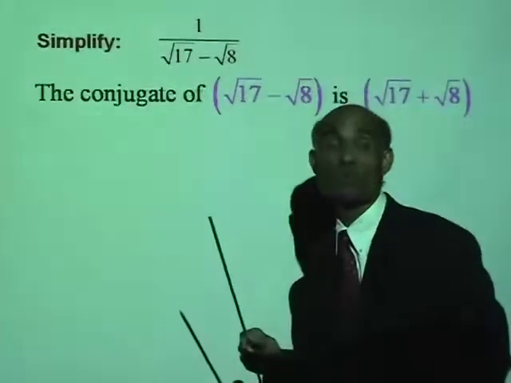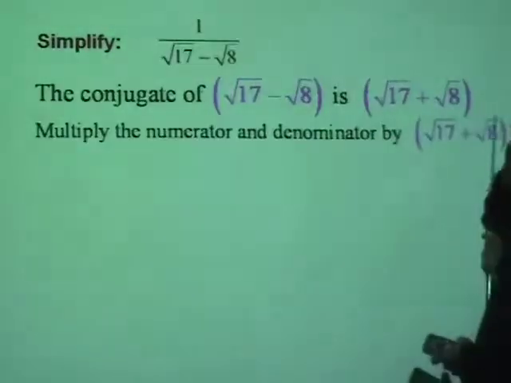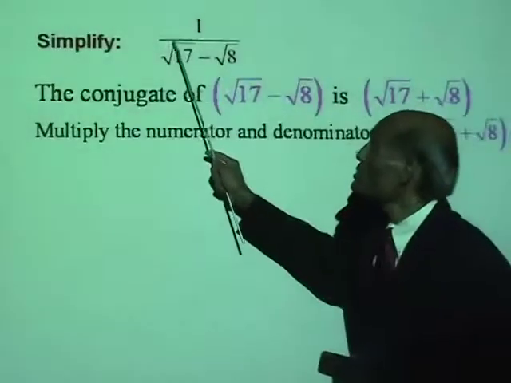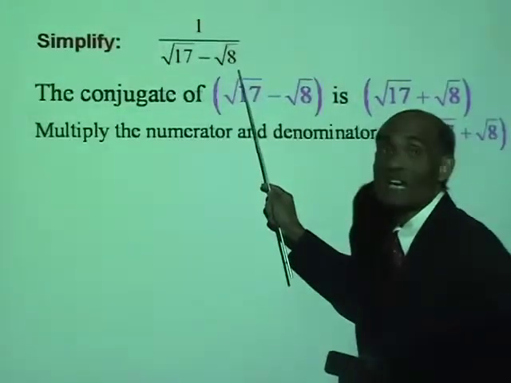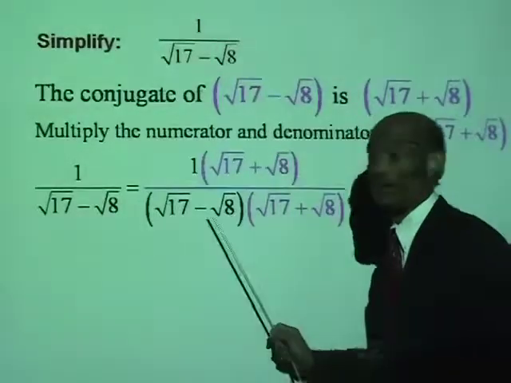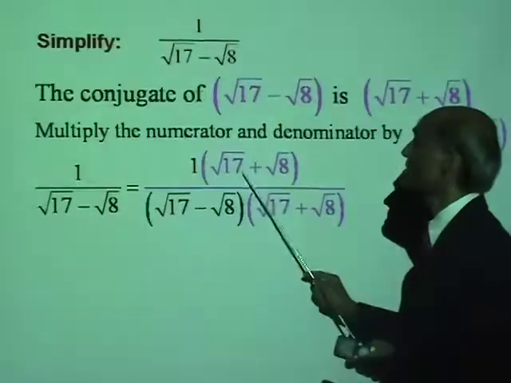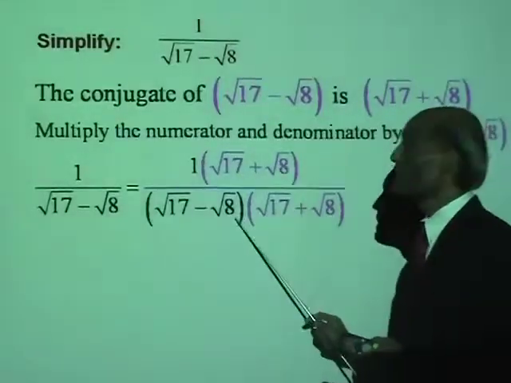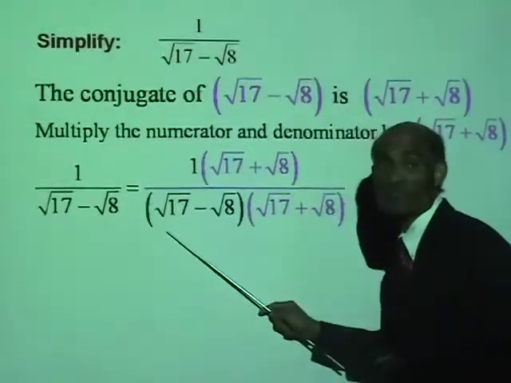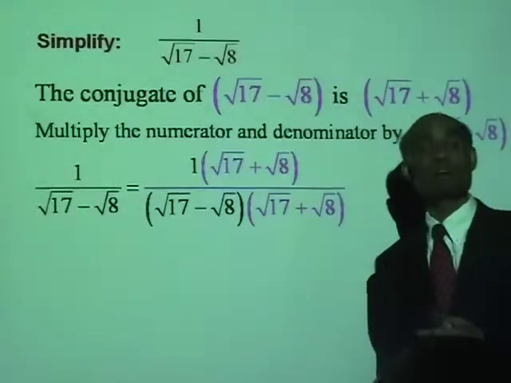Alright, so what do we now do? Multiply the numerator and denominator by square root 17 plus square root 8, remembering to keep the quantity in parentheses. There you are. You watch me do that. So my numerator is 1 multiplied by square root 17 plus square root 8. My denominator is square root 17 minus square root 8, in parentheses, times its conjugate, square root 17 plus square root 8.